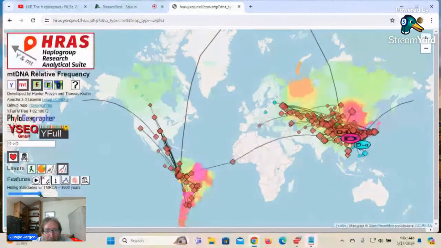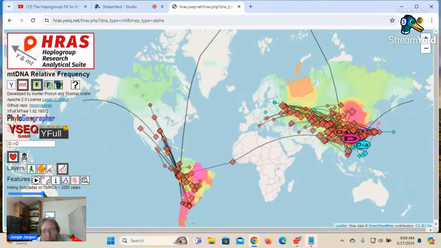I was always wondering if the Amazon River wasn't a route to take, but it looks like they're confirming a route through the Amazon River. Okay, spread it out some more. Another arrival through the Bering Strait.